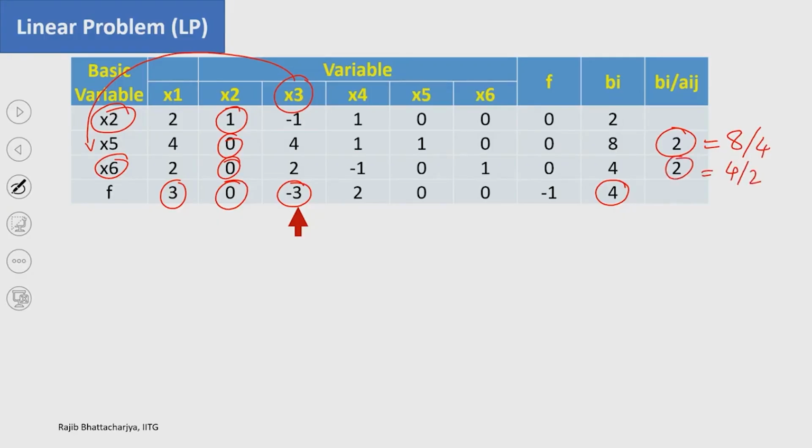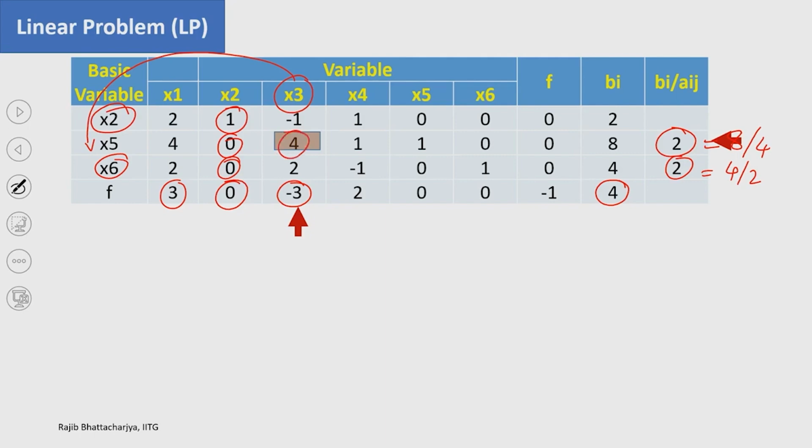You just see both are equal. So, if both are equal, as per the rule you should take the minimum one. When both are equal, you take one of them. Okay. So, let us take this one. In that case, this will be my pivoting element.